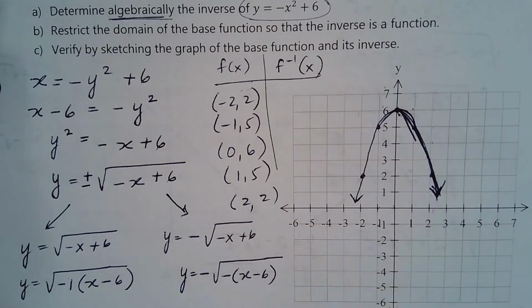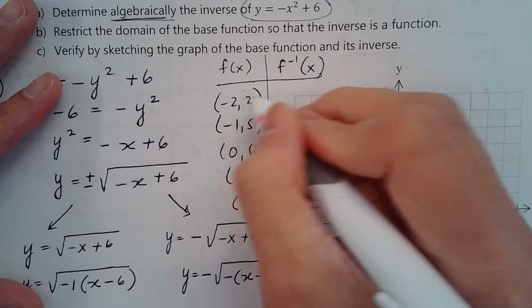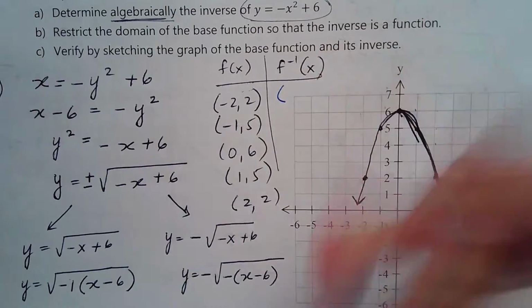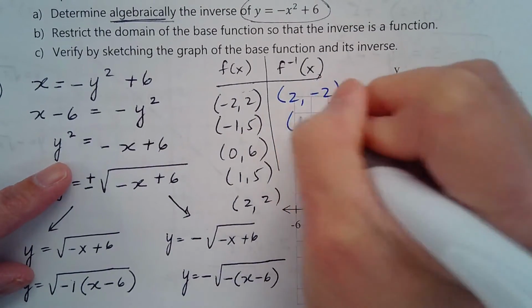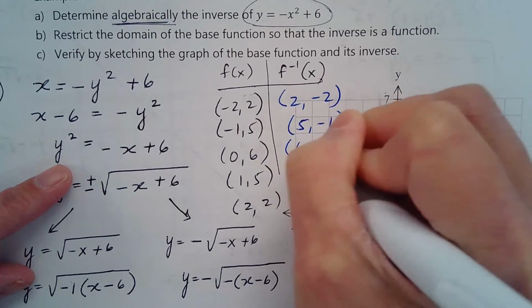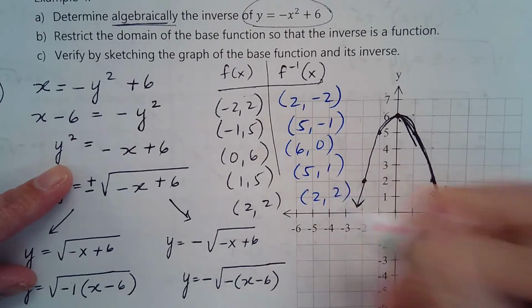Now to do the inverse function, it's going to be flipped, right? So it becomes 2, -2, 5, -1, 6, 0, 5, 1, and it's still going to be 2, 2.